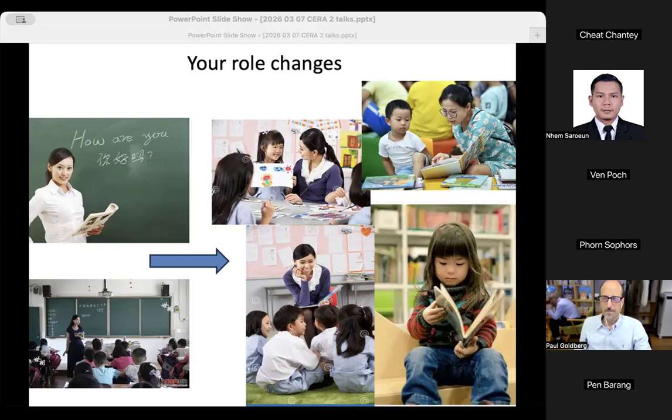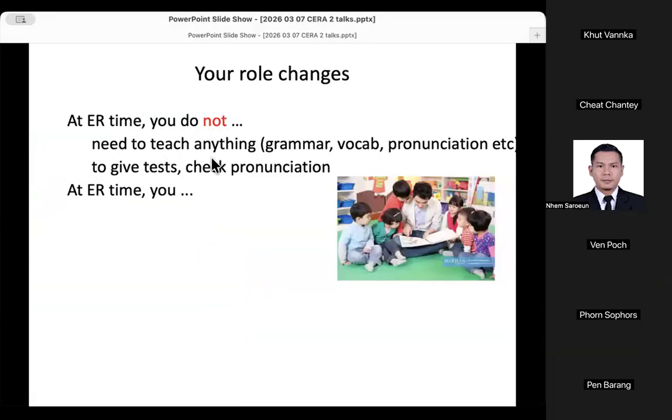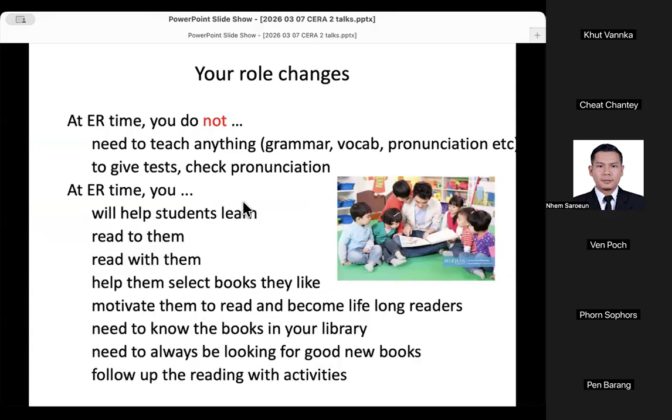So what that means is that you don't need to teach any grammar. You don't need to teach pronunciation. All you need to do is to actually help the students with their reading. Yeah, there's no tests to give, no pronunciation to check. In fact, no lesson plans. But what you do is you help students to learn.